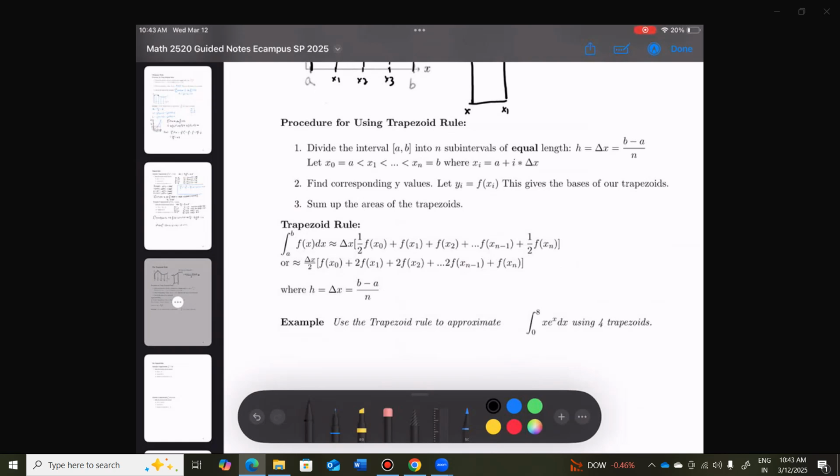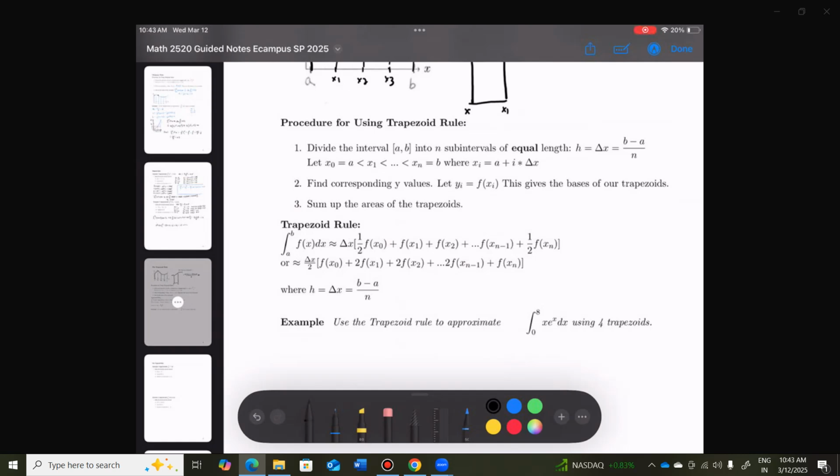Right, delta x is found the exact same way. B minus a over n, where n's your subintervals. Your x sub i's are found the same way. The difference comes when we're summing it up. Instead of delta x times the summation of all the f of x sub i's, there's a 1/2 on the first one and a 1/2 on the last one.